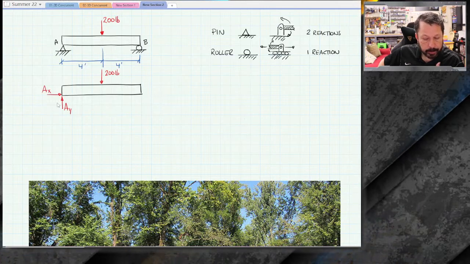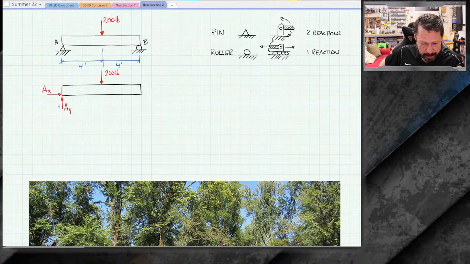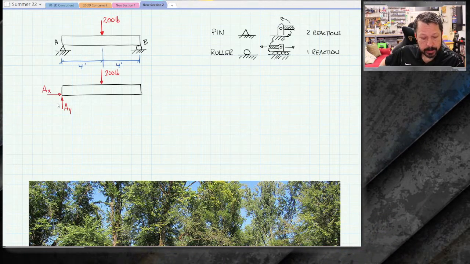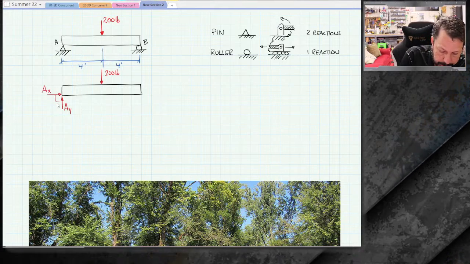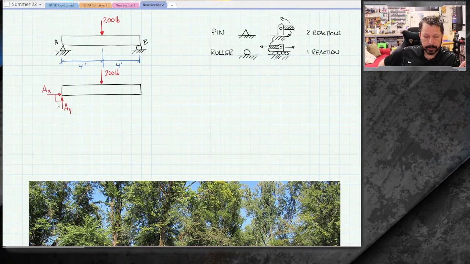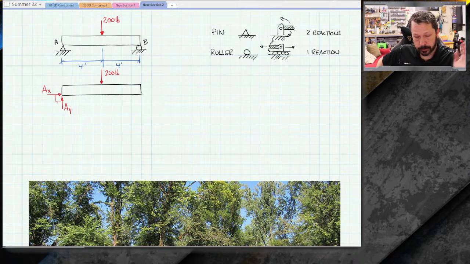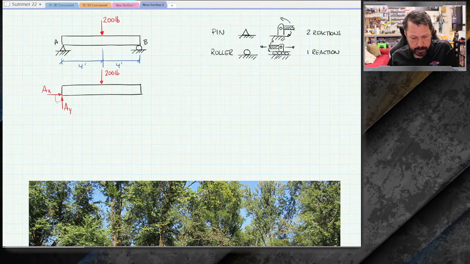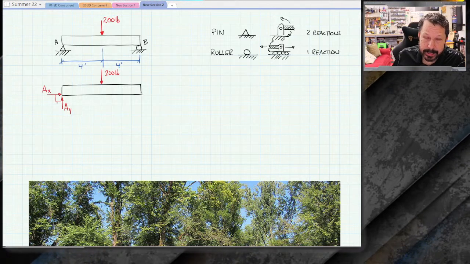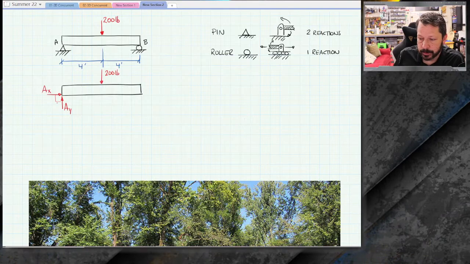So AX and AY, I don't know what their values are. I just picked two directions. For the pin, these reactions do have to be perpendicular to one another, and it usually makes the most sense that X is horizontal and Y is vertical, but that's not always true. Probably 90-something percent of the time it's true, particularly for this course.